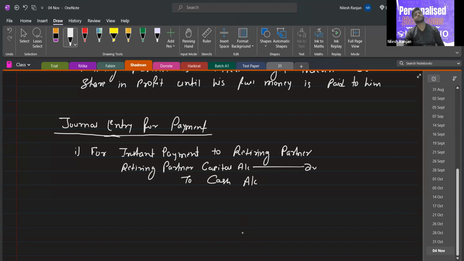And then the second entry, installment payment.